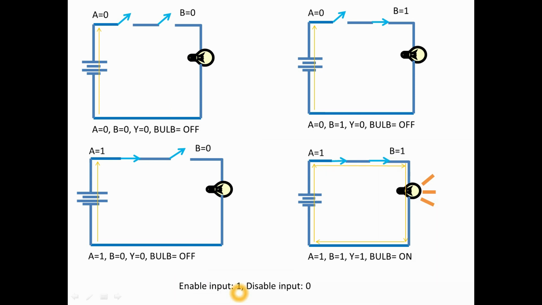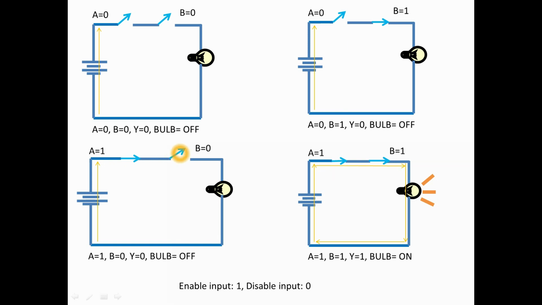Here enable input is 1, disable input is 0. Enable input is 1 means, in a 2 input AND gate, if one of the inputs is logic 1, the output depends on the other input. If the other input is 0, the output is 0.